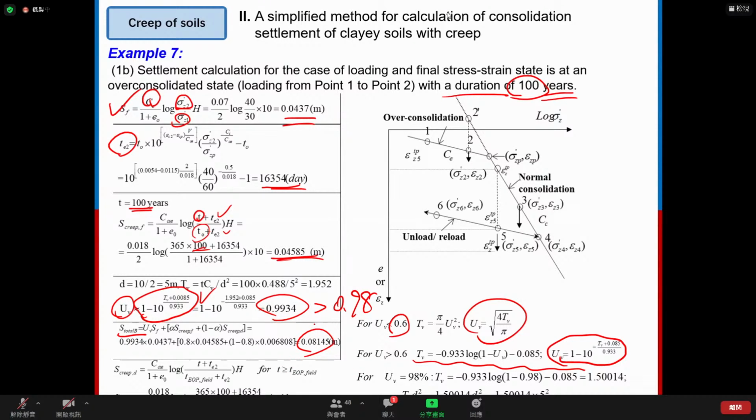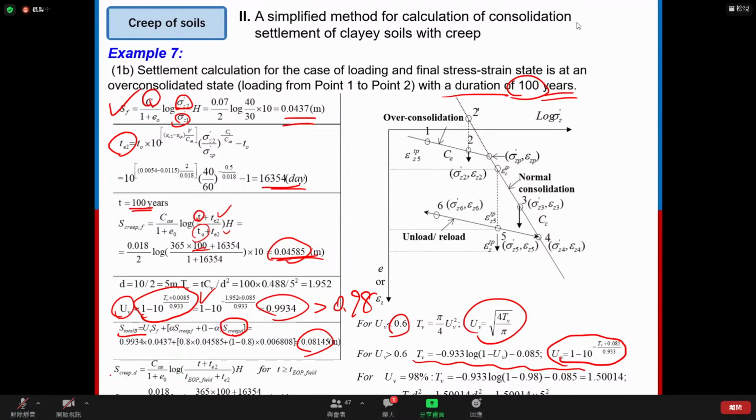So this is the difference from the last case. For 100 years, the S-curve final, now we should calculate the S-curve D, because U is larger than 0.98.